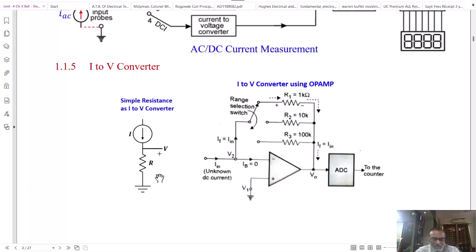That is, for a minimum to maximum change in current, the output voltage of the current to voltage converter also changes from minimum to maximum, as required by the A to D converter to display the maximum reading on the display unit.